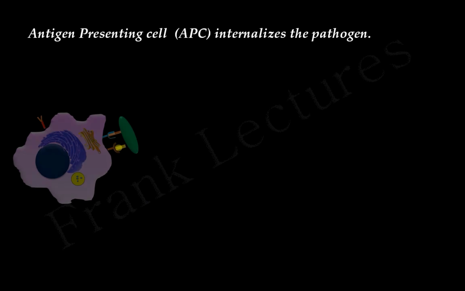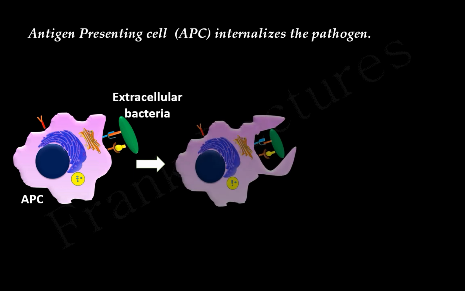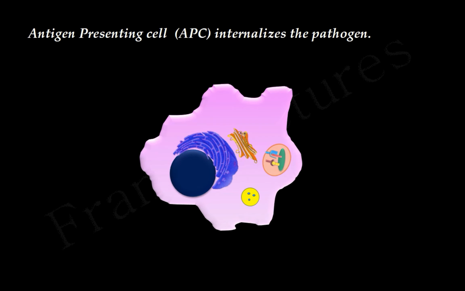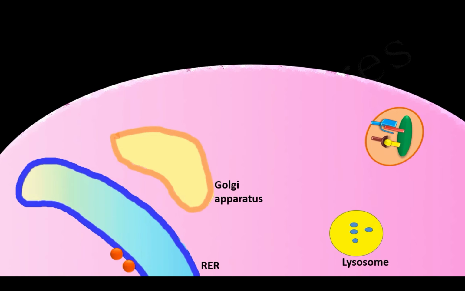The pathway starts when the extracellular antigens such as extracellular bacteria are internalized by the antigen-presenting cells. Let's zoom in to study this pathway. When an antigen-presenting cell internalizes a pathogen, it internalizes it into an intracellular vesicle known as an endosome.